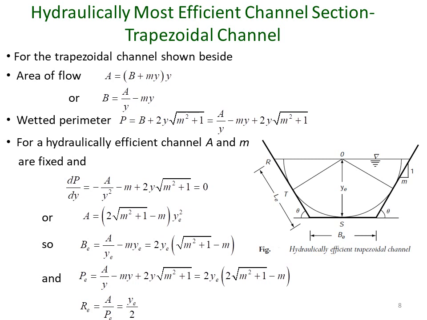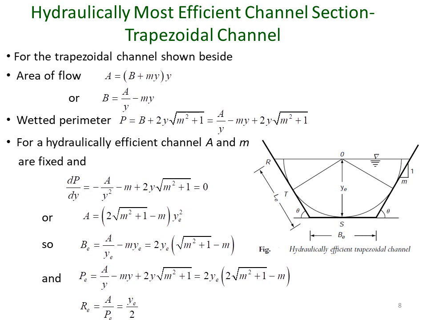And if we change sides, then we get the cross section of the efficient channel, which is given by A equals (2 into root under m squared plus 1 minus m) into y squared.